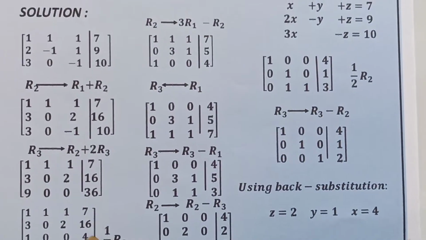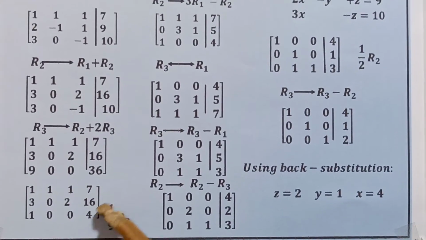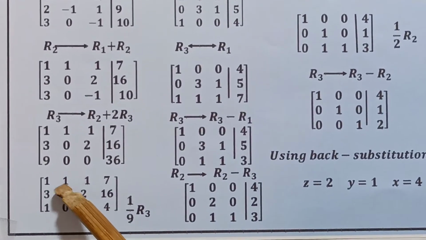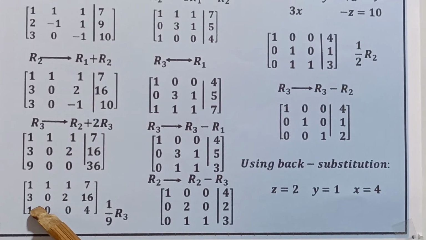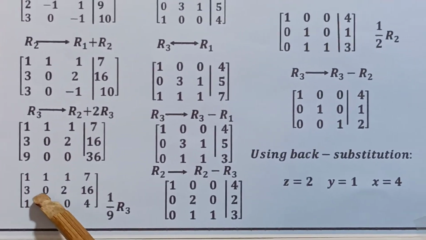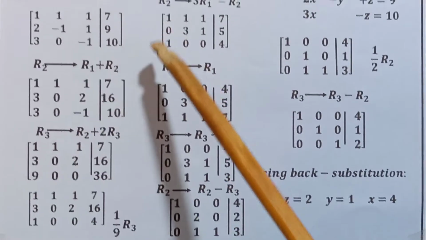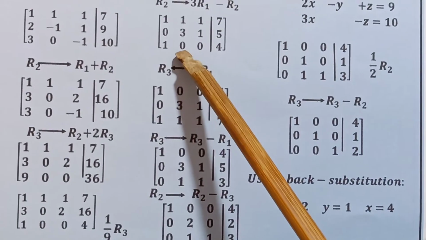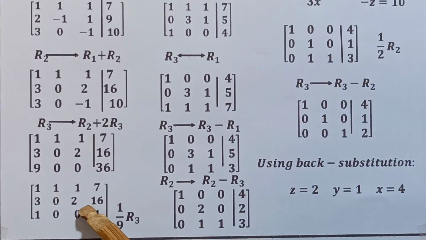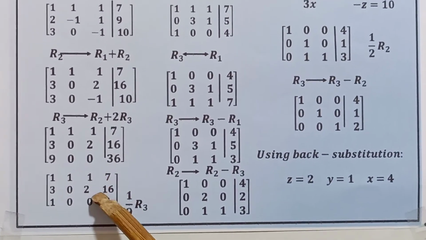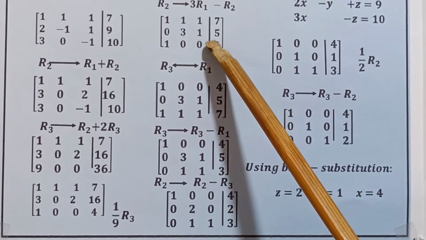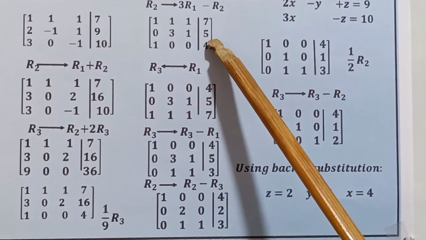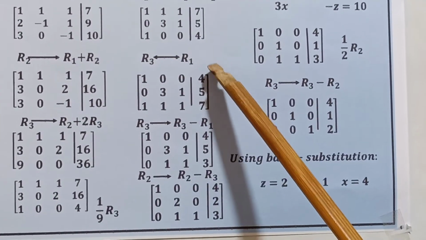Take 3 times row 1 minus row 2. 3 times 1 is 3, minus 3 is 0. 3 times 1 is 3, minus 3 is 0. 3 times 1 is 3, minus 2 is 1. 3 times 7 is 21, minus 16 is 5.